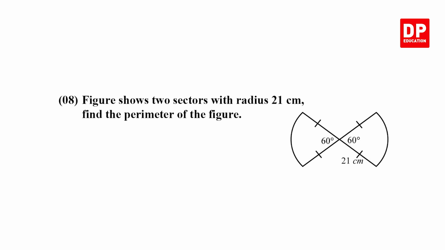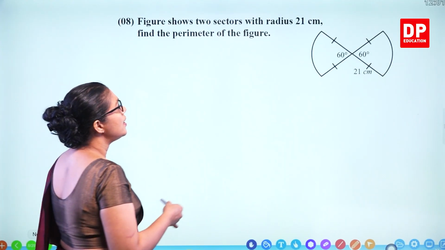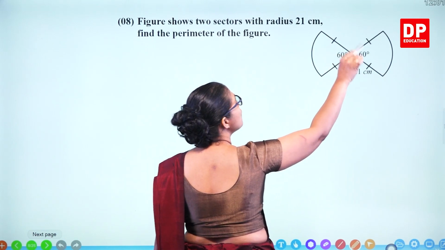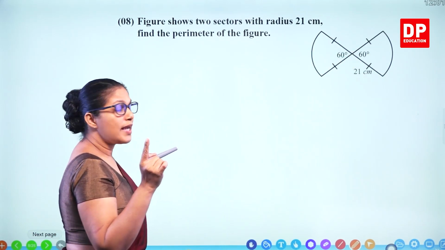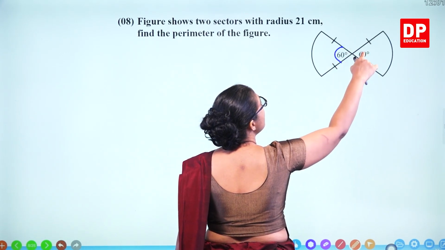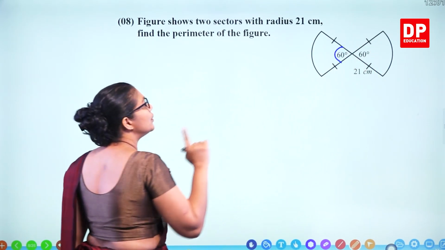Question number 8. Figure shows 2 sectors with radius 21. Find the perimeter of the figure. So here 21 appears 4 times and we need to find out the arc length. Here this angle is 60 and you can multiply by 2.